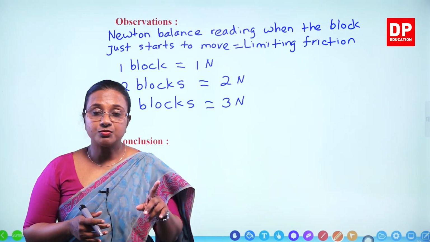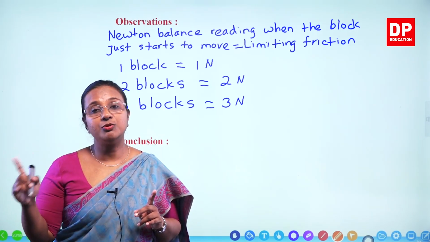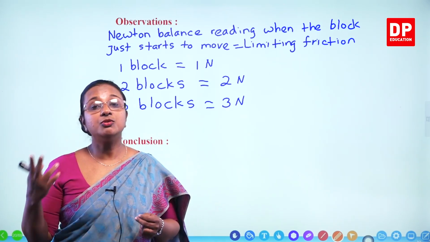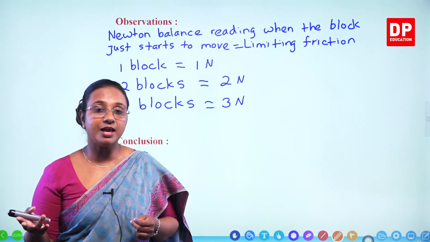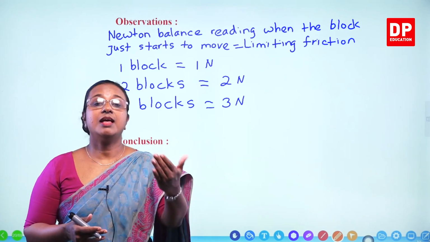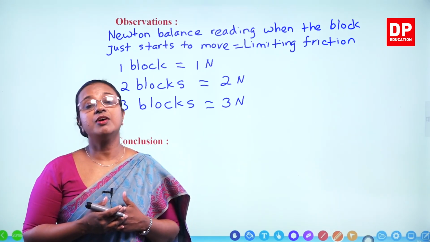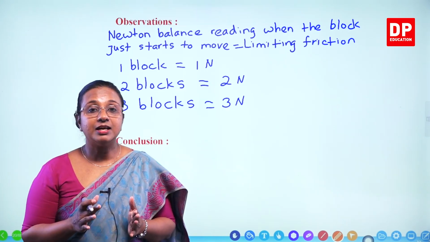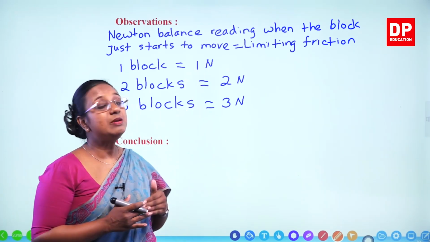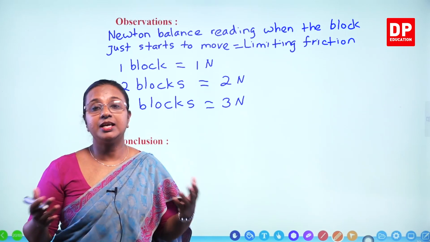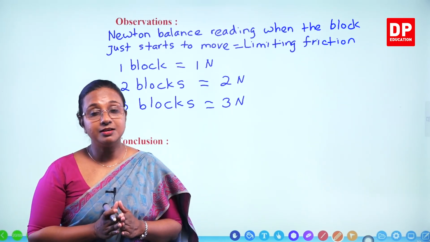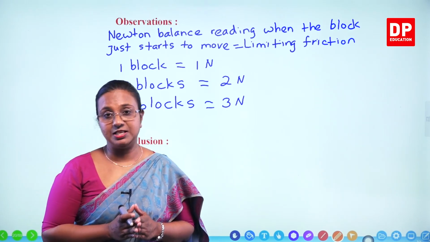So when there is 1 block, there is 1 unit of perpendicular reaction; 2 blocks, 2 units; 3 blocks, 3 units. And with that, the limiting frictional force increased. So that will be the conclusion of the activity.